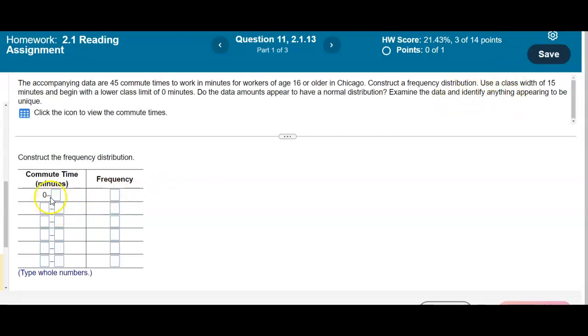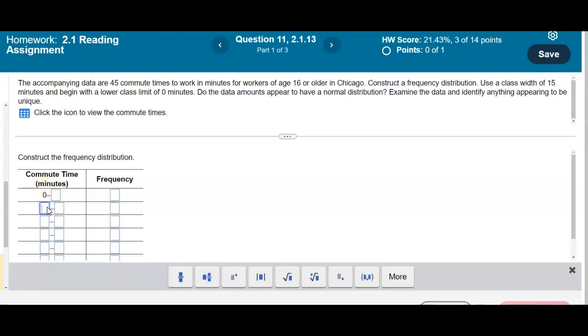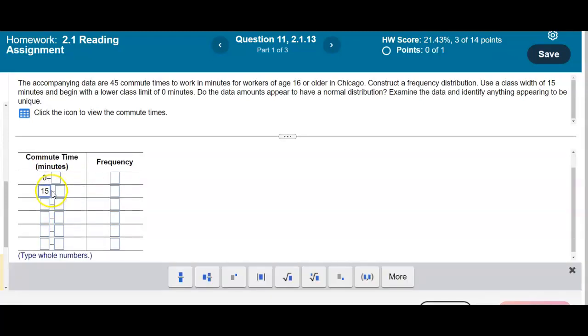So the first thing we want to do is put in our classes. Since we know the class width is 15, the first lower class limit is 0, and therefore the next is 15, which makes this upper class limit 14. If we add 15 to 15, that gives us 30, so this is going to be 29.